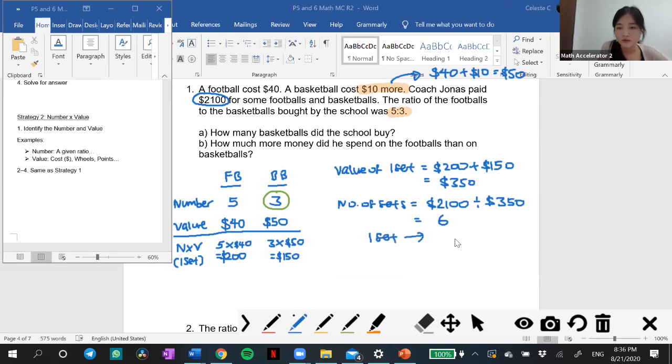One set, 3. So 6. You times 6. 18. Okay, good. Right, so your answer for part A will be 18.